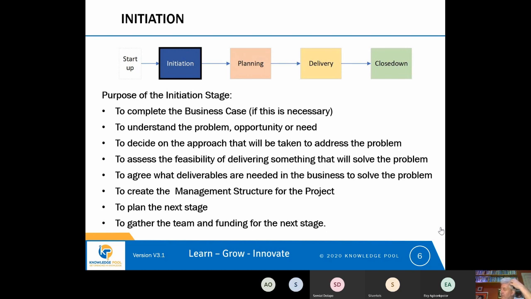So what the project manager needs to do is emphasize that if we are to deliver the required outcomes in the business, then it's a proven technique that we create these deliverables during the initiation stage. We create a project initiation document. We create a plan for the next stage.